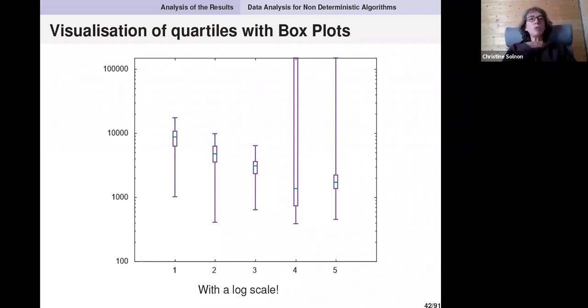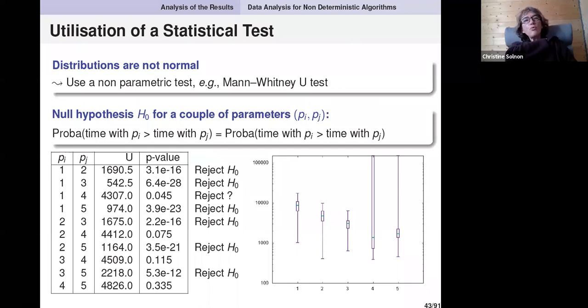I can use a statistical test to check a hypothesis. I'm going to do a pairwise comparison, so I compare every pair of parameters.